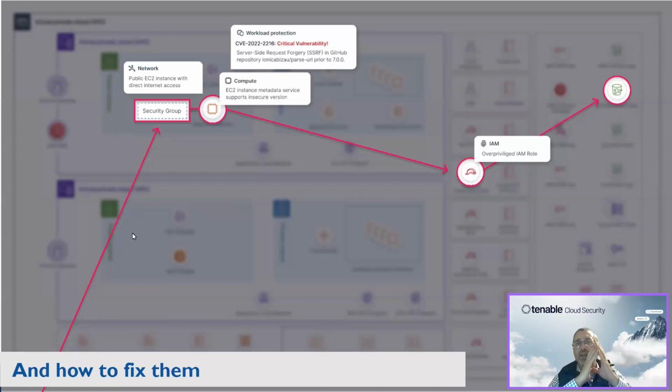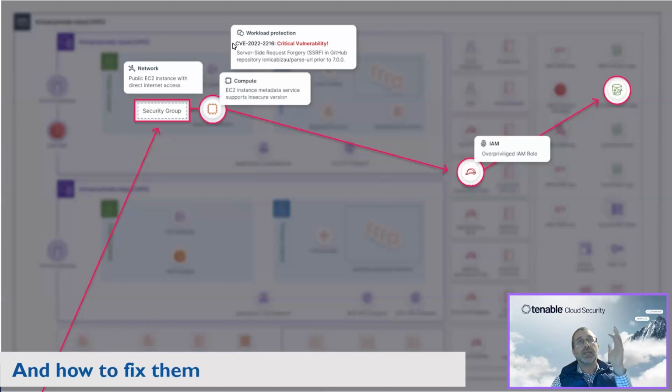And this is a classic example of a toxic combination because this compute resource has network exposure, which addresses the networking layer, a workload vulnerability, which addresses the compute layer, and a privileged service account, which addresses the identity and access management layer, right? And once we've identified that combination of risks, obviously that should bubble up and tell us, hey, focus on this first, remediate that first.